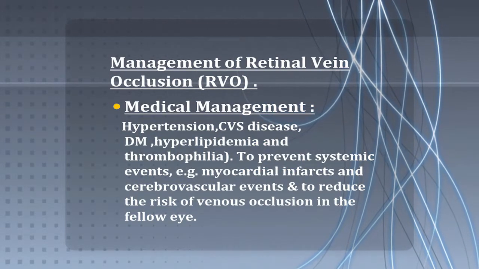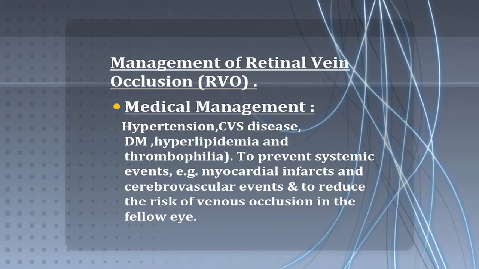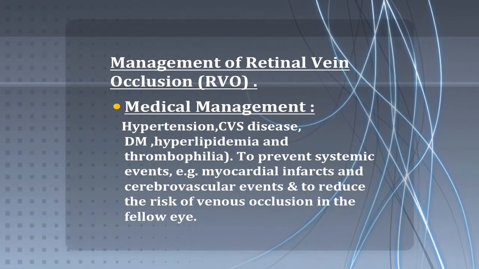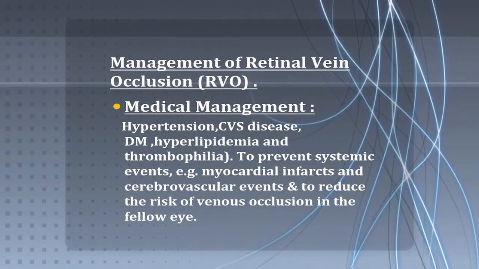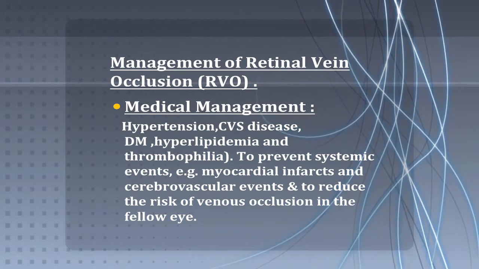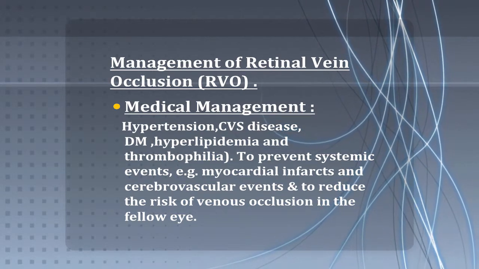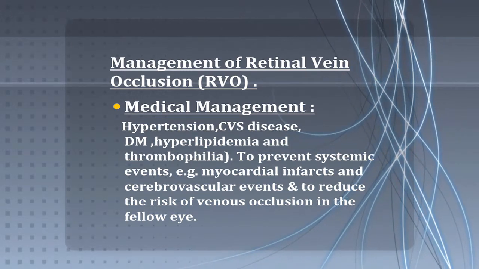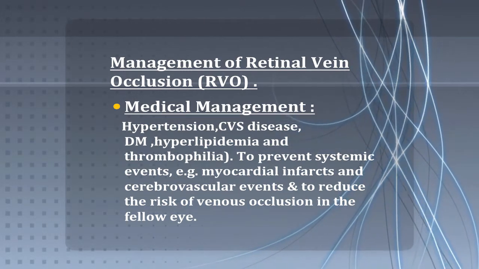The management of retinal vein occlusion: first we have to consider the medical management, as we have to treat this patient if he has hypertension or a systemic cardiovascular disease. It has to be treated. If he is diabetic, he has to be well controlled.